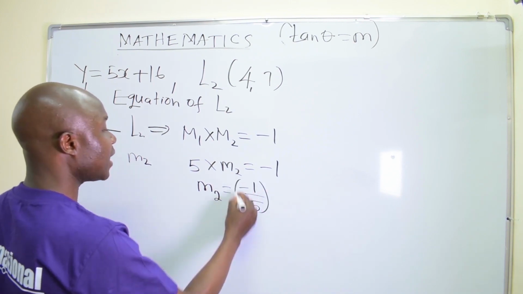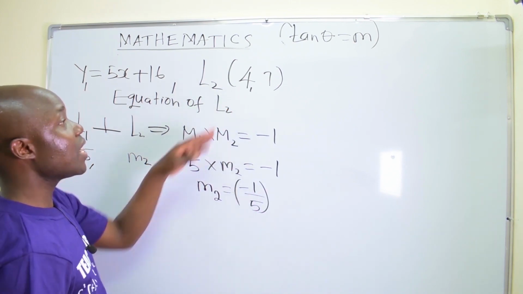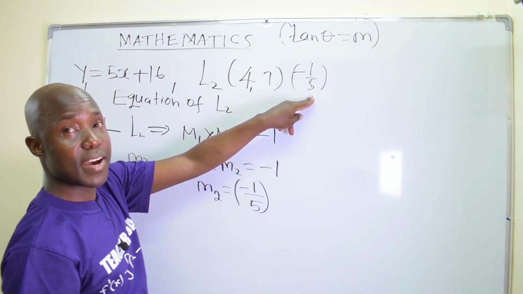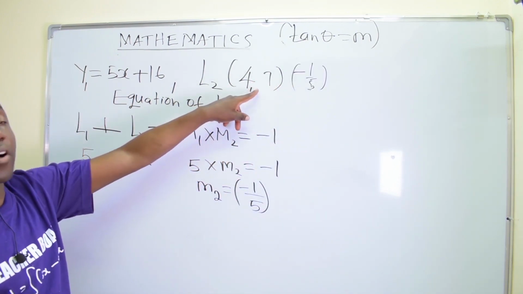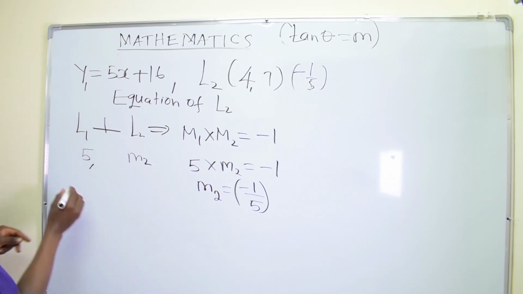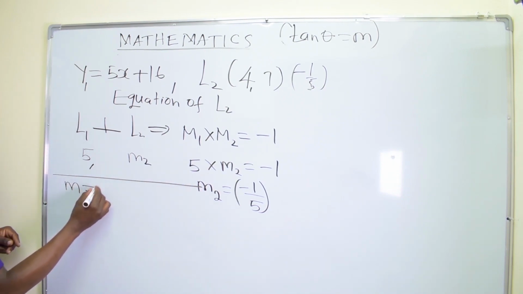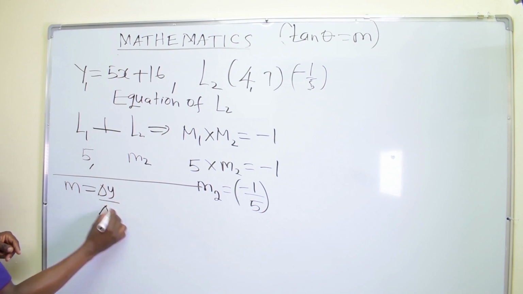The moment you've identified the gradient for line 2, you know it is negative 1 over 5, but it is passing through (4, 7). Go back to the basics. What did we say? The gradient is change in y over change in x.